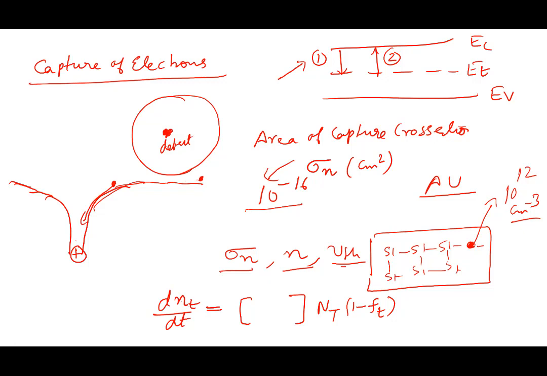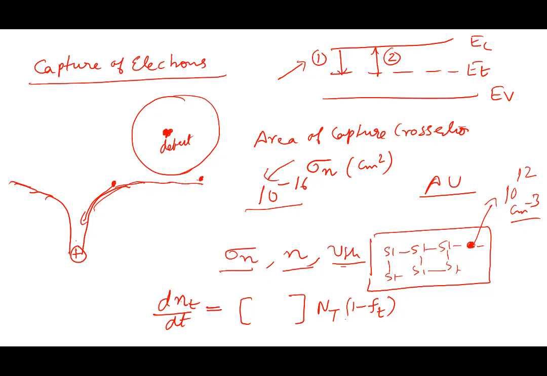right? A defect which is empty, because remember, once a defect captures an electron, it will acquire a charge. The probability that it will capture one more electron is not possible, because it becomes negatively charged, let's say, and then the other electron will not try to get close to it, right?